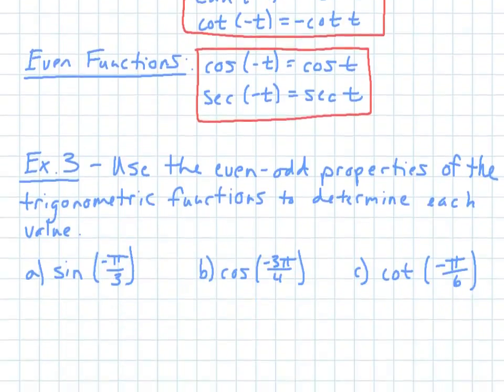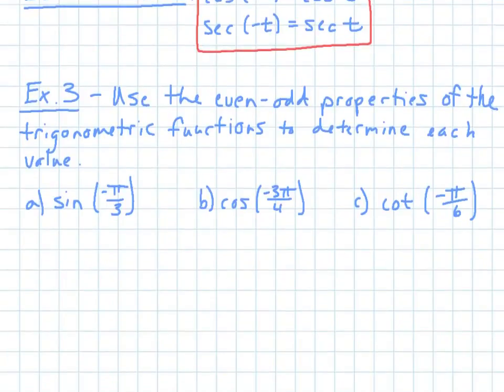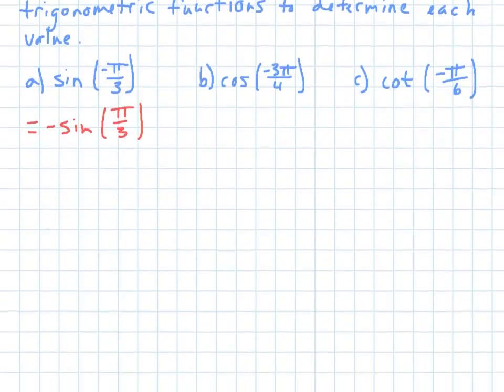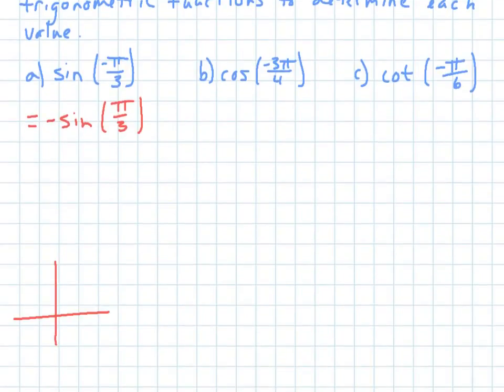Okay? So example 3 wants us to use these to help us out. So sine is an odd function, and since I'm plugging in a negative radian measurement, this is the same thing as saying negative sine of pi over 3. Okay? And if you go back to your unit circle, pi over 3 is the same thing as 60.